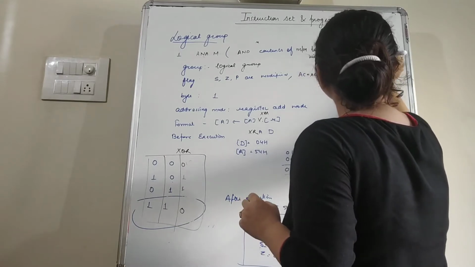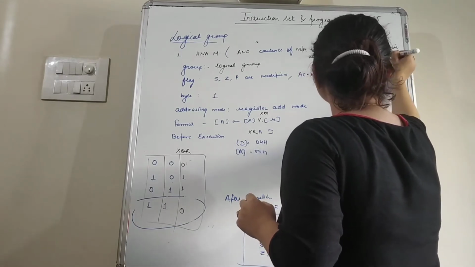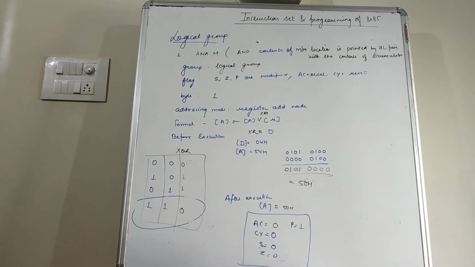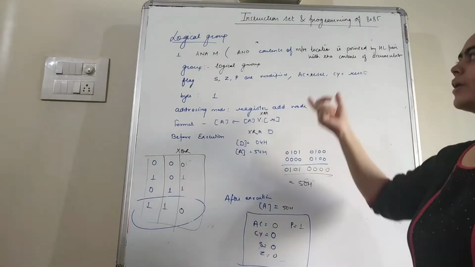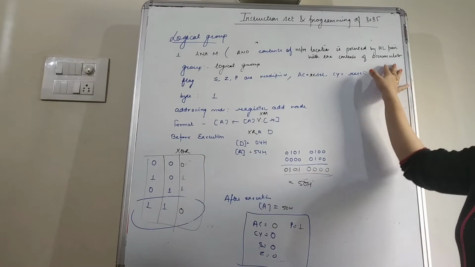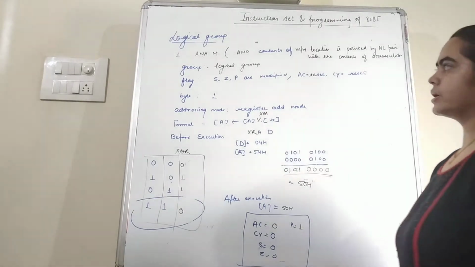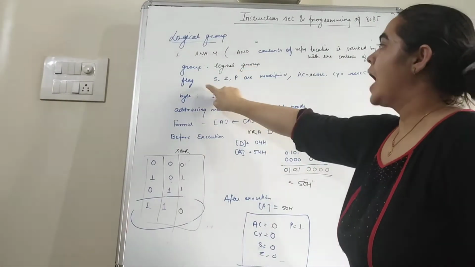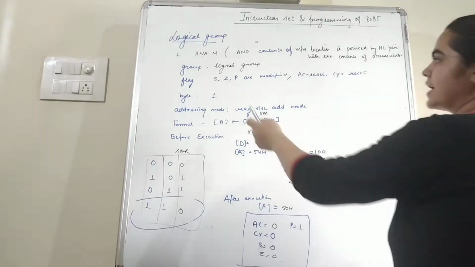So means whatever address that is present in the HL pair, our value is present in that particular address, so that value will be ANDed with the value that is present in the accumulator, and the result is finally stored in the accumulator.